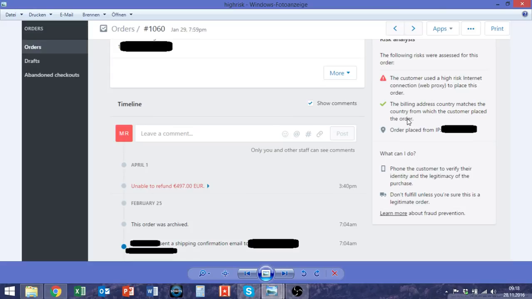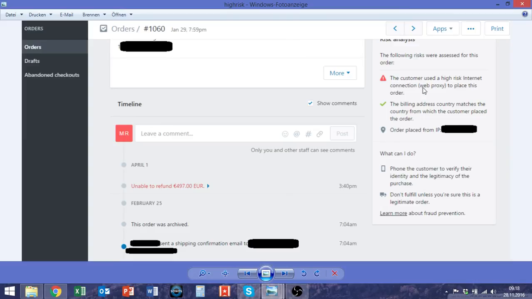But normally in like 95 or 98% of the cases, it's perfectly fine to just process the order and make the sale, because the system is nice, but actually it's not that accurate that you should listen to it that much. So just look at it, and if it feels really fishy and really scammy, then just leave it.